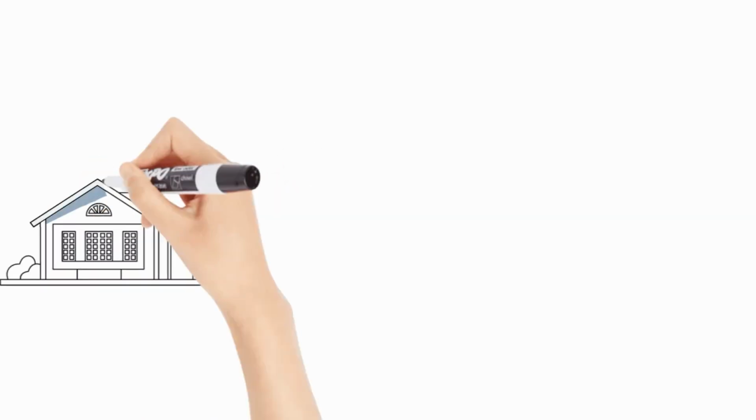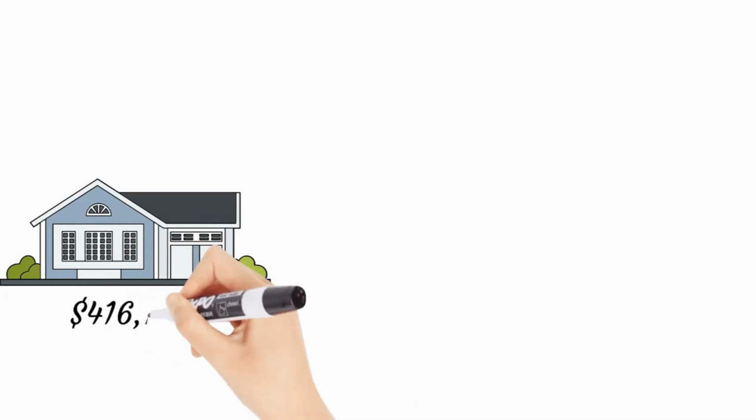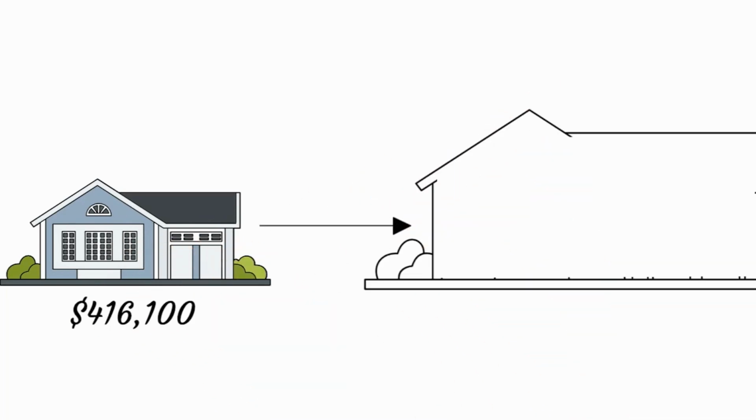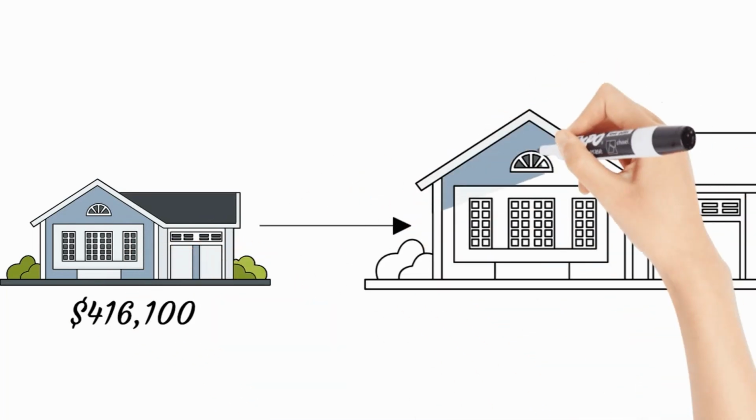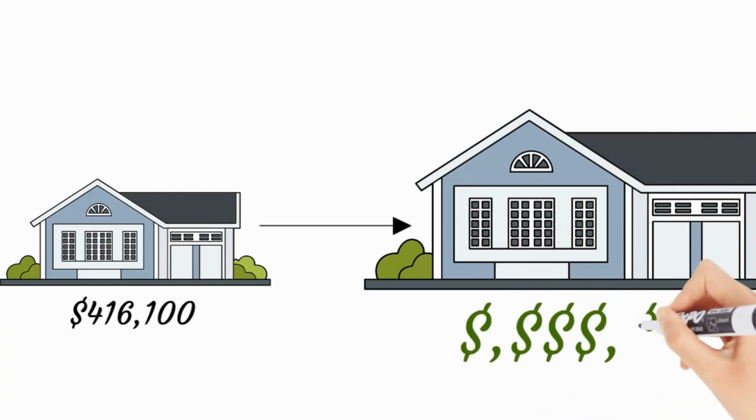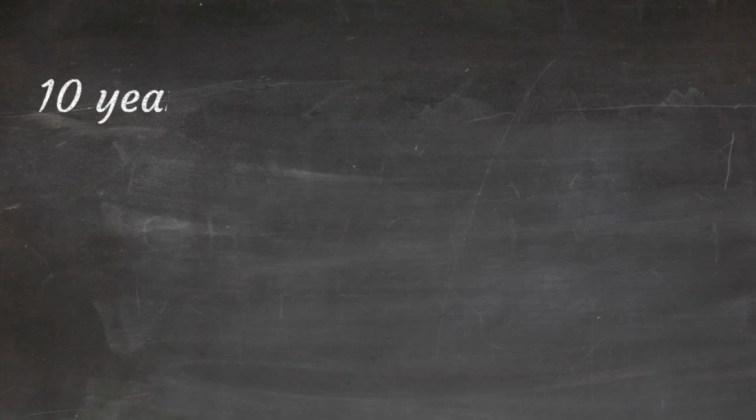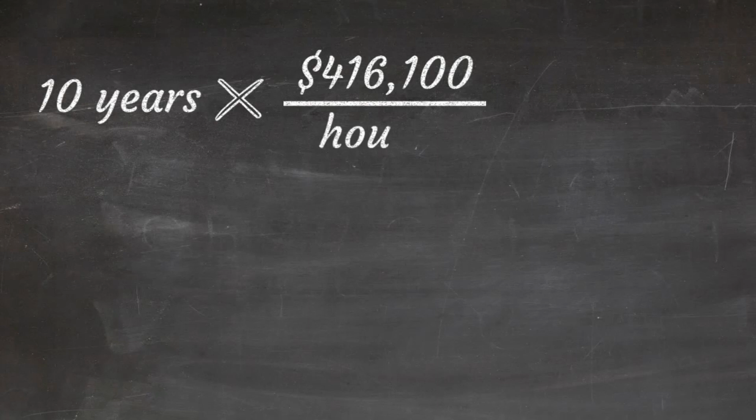This number is very important because it will allow you to figure out the price of houses for any years in the future. So, how do we use this? Let's say that you have this house that's worth $416,100 and you want to figure out how much the price will be in 10 years. You would first start off with 10 years, and then multiply it by $416,100 per house.